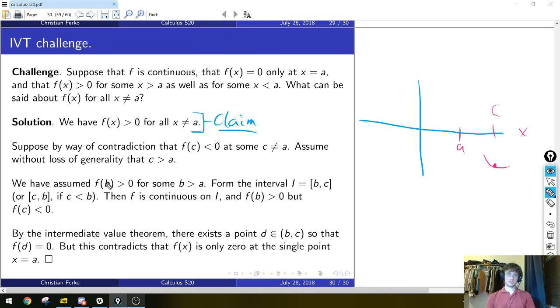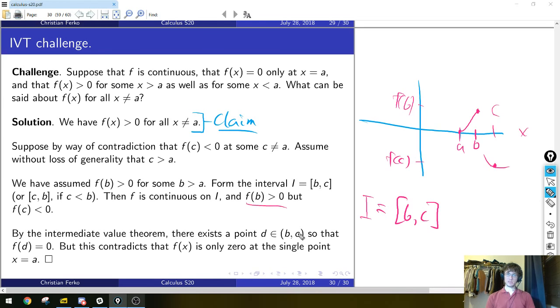Now, I called it x1 before, but we assumed that there's some b, which was x1 before, with the property that f is positive at b. And now we form the interval b to c, from the point b, where f is positive, to the point c, where f is negative. f is continuous everywhere, so it's certainly continuous on this interval.